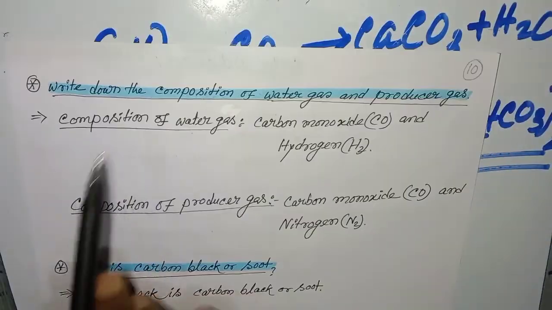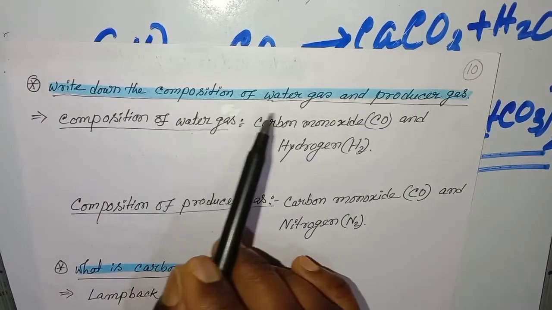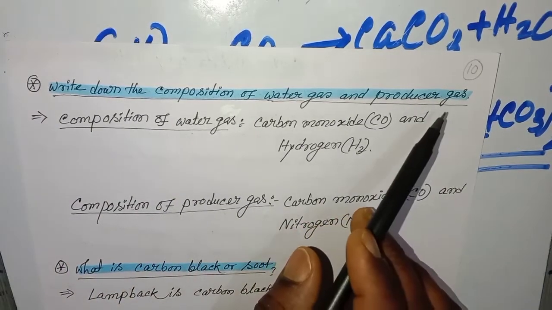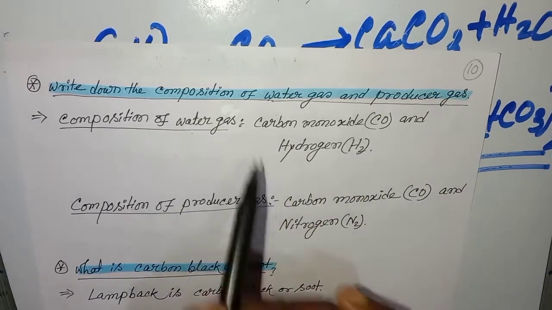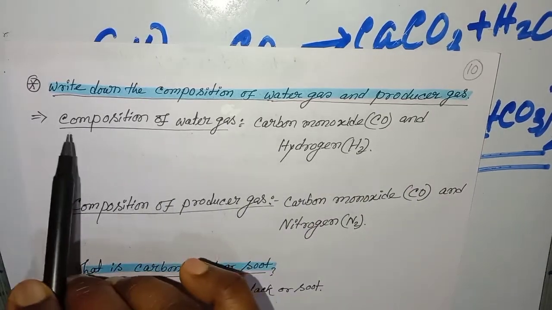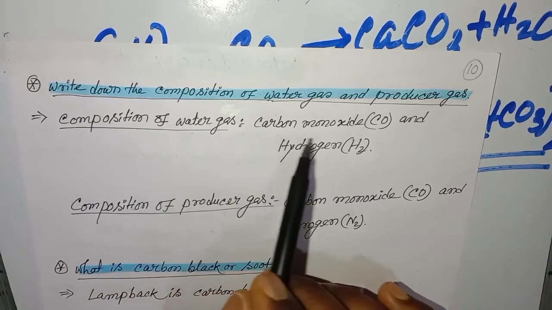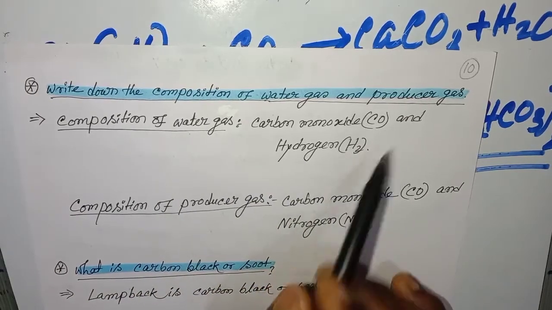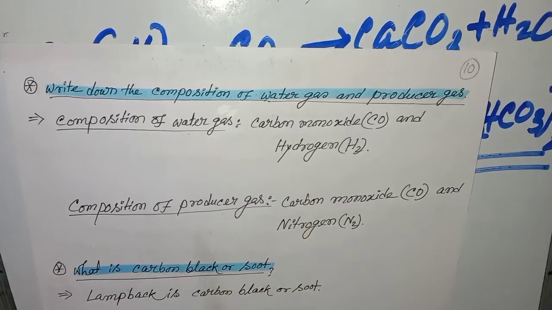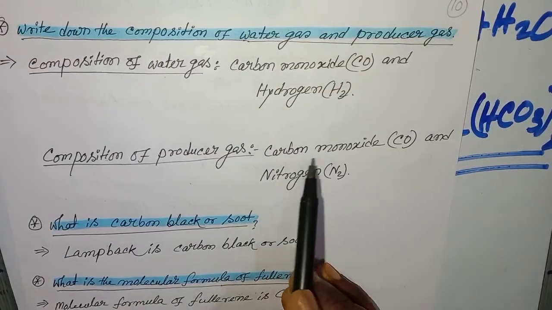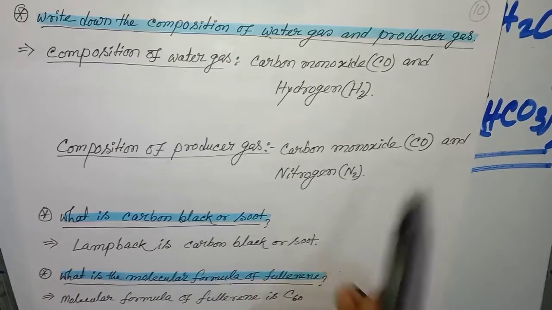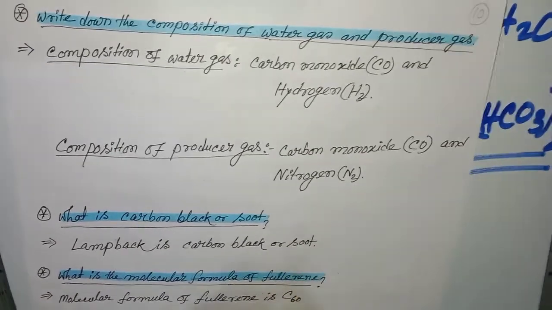Write down the composition of water gas and producer gas. Composition of water gas: carbon monoxide, CO, and hydrogen, H2. Composition of producer gas: carbon monoxide, CO, and nitrogen, N2.